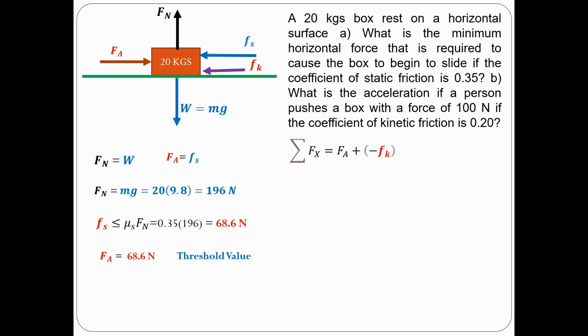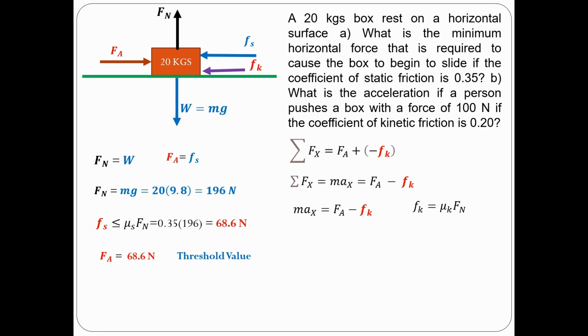Now, according to Newton's second law, the net force is equal to max, which is also equal to Fa minus Fk. Therefore, the equation will become max is equal to Fa minus Fk, where Fk is equal to mu k times Fn.